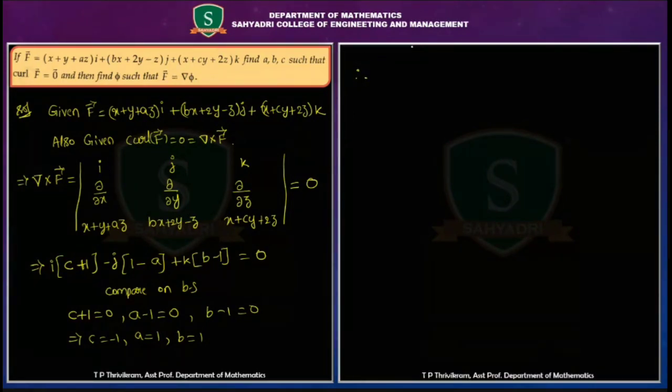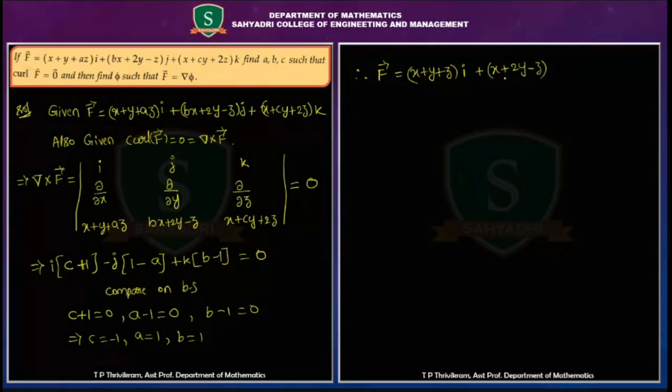Therefore, the f value I have to write is equal to substitution of a, b, c values in the given function. So x plus y plus z, because 1 into z is z, into i, plus x plus 2y minus z, since b value is 1, so you'll get b into x, that is 1 into x, into j, plus x plus c into y, c value is minus 1, so x minus y plus 2z into k.